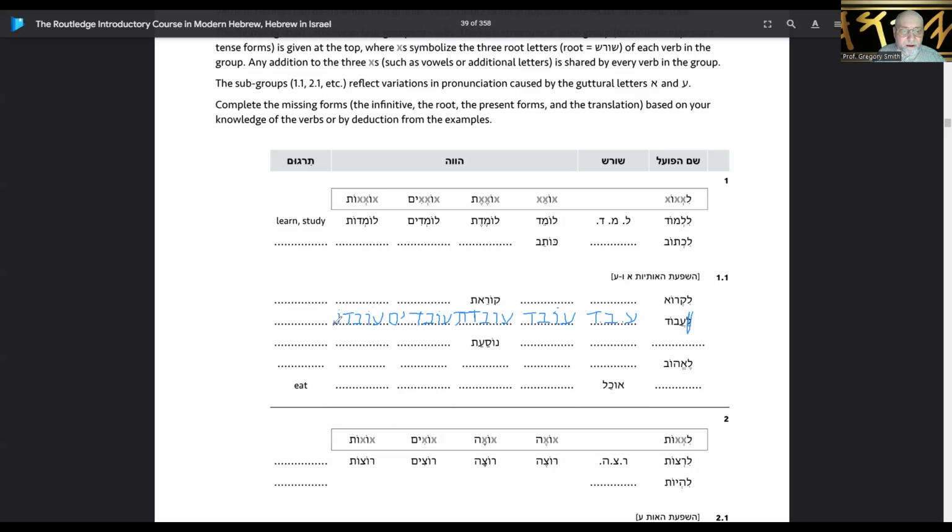I bet you there's a holem and then a tav at the end of that. And that's, yeah, that's what it is. Ovdot. Okay, so this one would be like hen ovdot. They are working. And then what would go in here would be working or work.